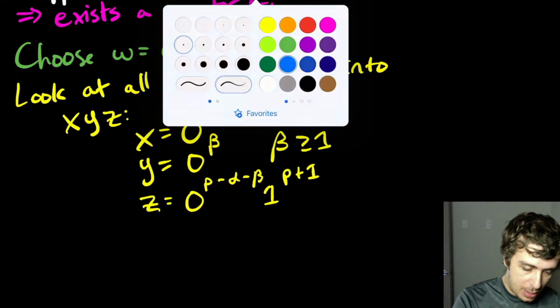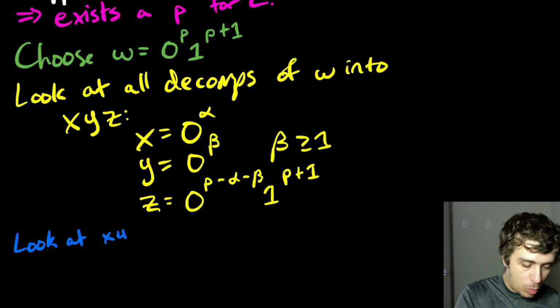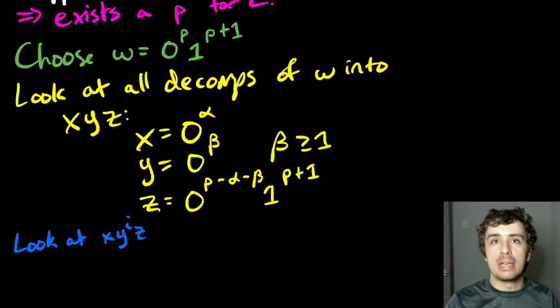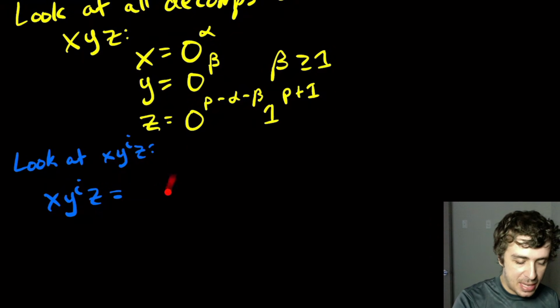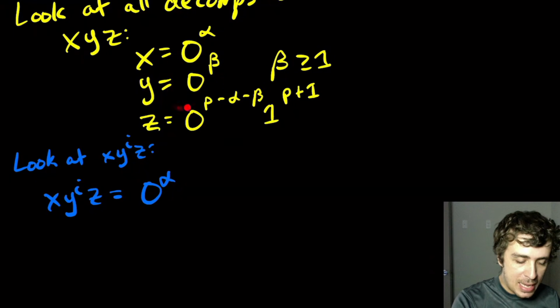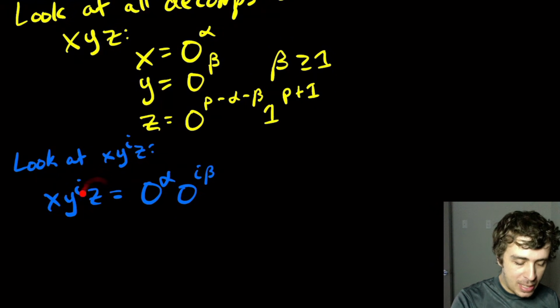So let's look at XY to the I Z, and see what values of I allow us to leave the language. So what is this thing? XY to the I Z. Well, we're just going to copy and paste the X bit, so that's 0 to the alpha. We're going to have I copies of the Y bit, so that's going to be I times beta upstairs, 0 to the I beta. And we have one instance of Z, so I'm just going to straight copy this down.